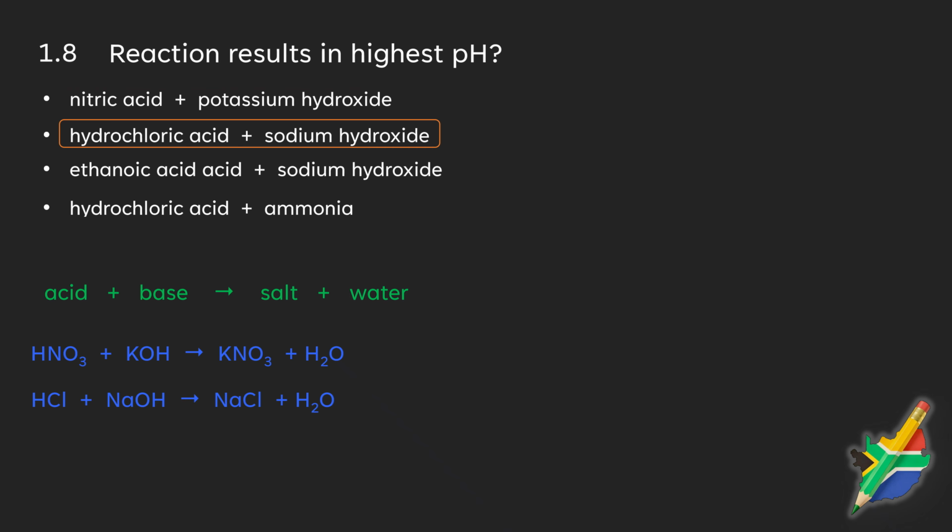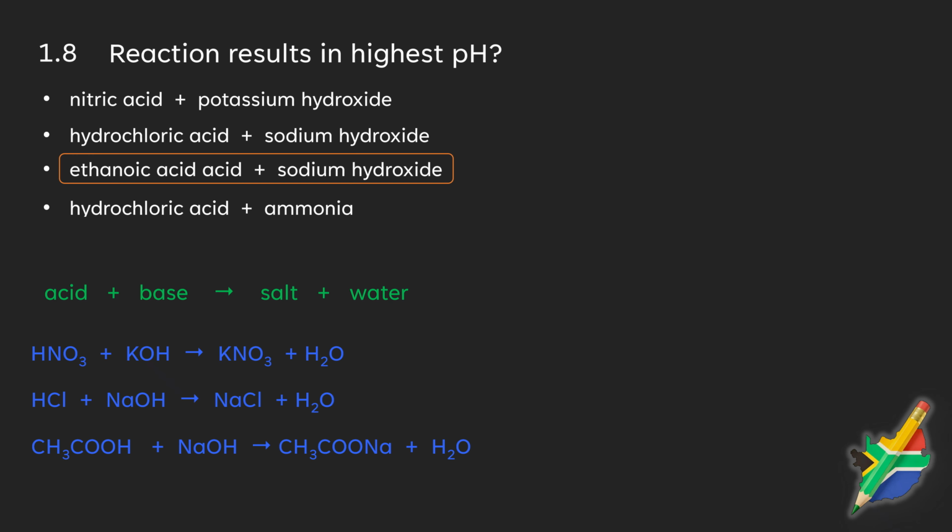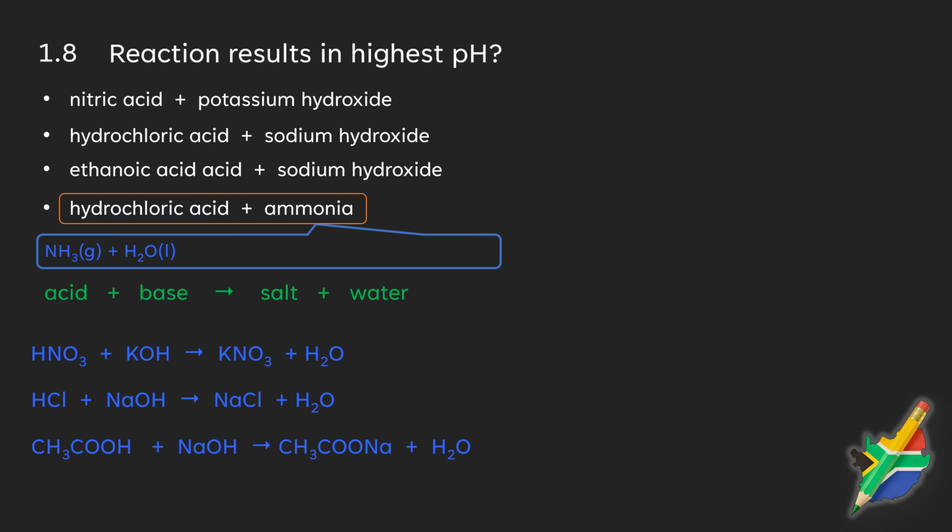In a similar way, when hydrochloric acid and sodium hydroxide react, sodium chloride and water form. When ethanoic acid and sodium hydroxide react, sodium ethanoate and water form. But the last reaction is slightly different. Ammonia is a gas, and when it comes into contact with the water in the hydrochloric acid solution, the ammonia reacts with the water to form ammonium hydroxide, which is a weak base.